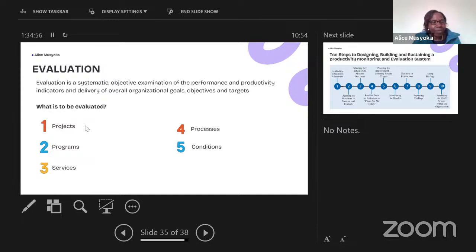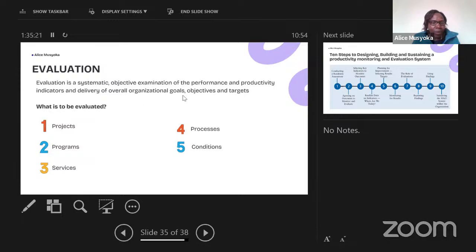It is important to evaluate projects, programs, services, processes and conditions, so as to be able to identify the gaps and take corrective action.